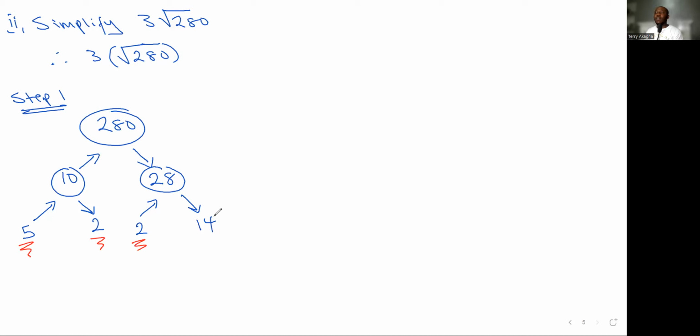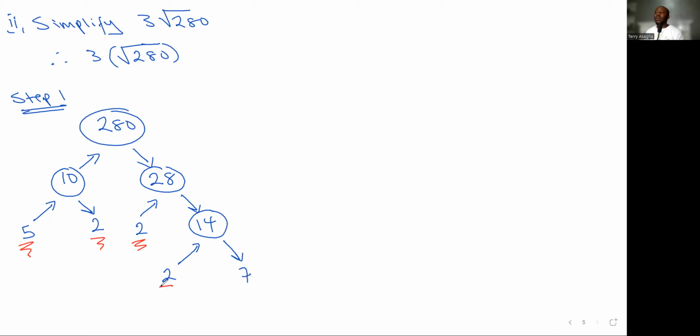Can 2 divide 14? Yes. So you put a bubble around that. We can divide 14 by 2, right? So you put 2 in here. So 14 divided by 2 will give you 7, because 2 times 7 will give us 14.